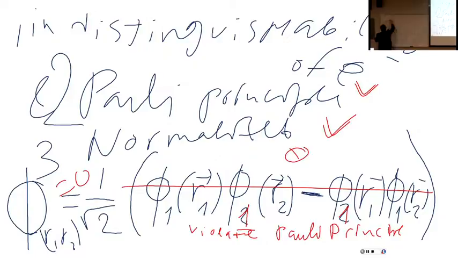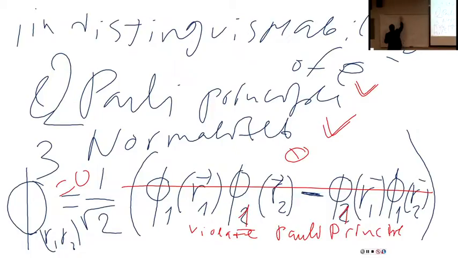So here I'm trying to violate Pauli's rule. I still have 2 electrons, first and second, but I will try to squeeze them into the same state.